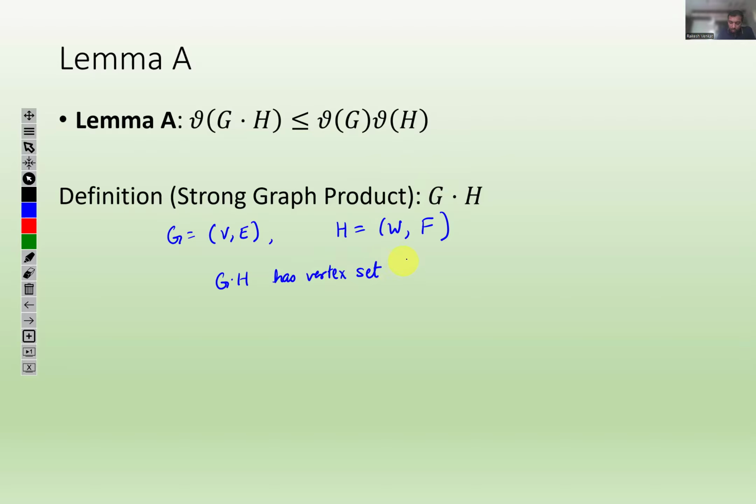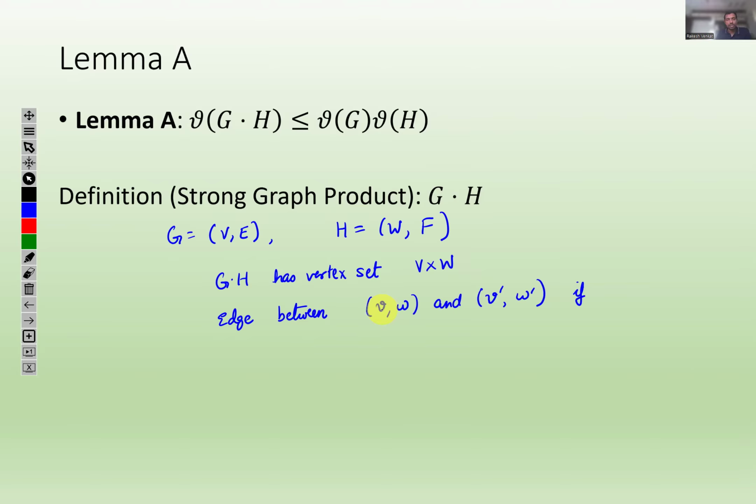So the vertex set is what you would expect, V cross W. And there's an edge between VW and V prime W prime if, okay, can someone suggest what the definition should be? It's basically what we have seen all along. If V is similar to V prime and W is similar to W prime.